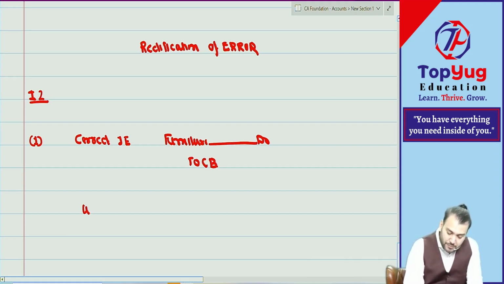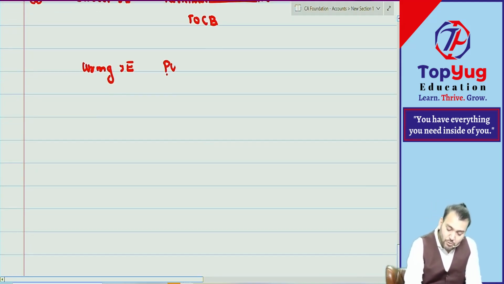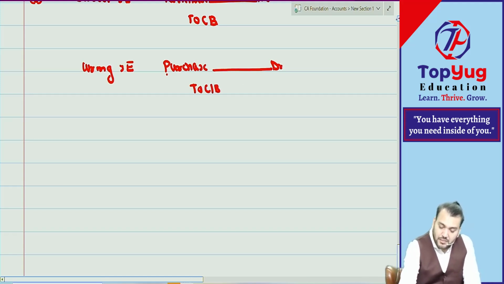Then think about what was wrong. What mistake have you done? Instead of furniture, we debited what? But there was no mistake in cash and bank. Only we debited the wrong account. Understood?